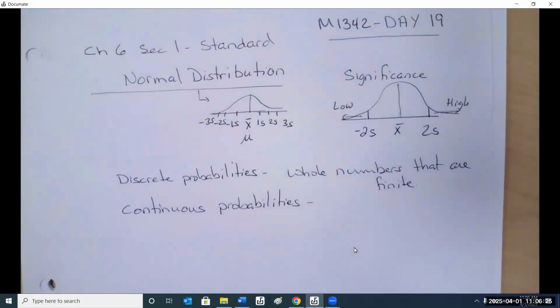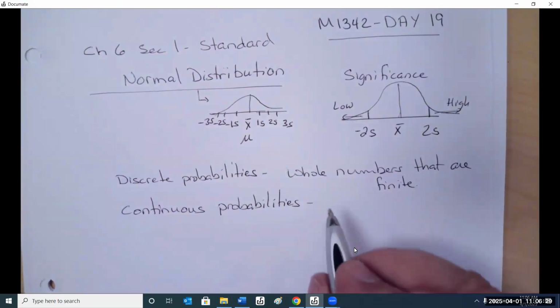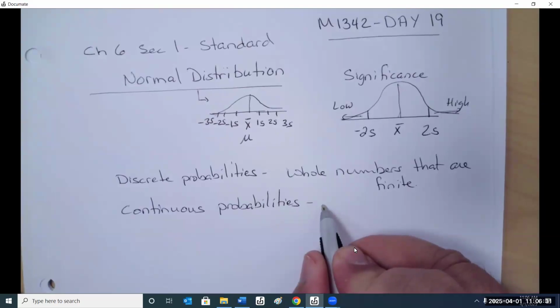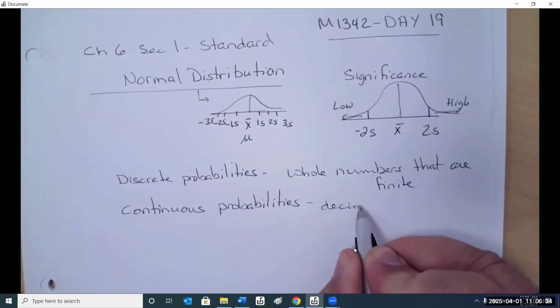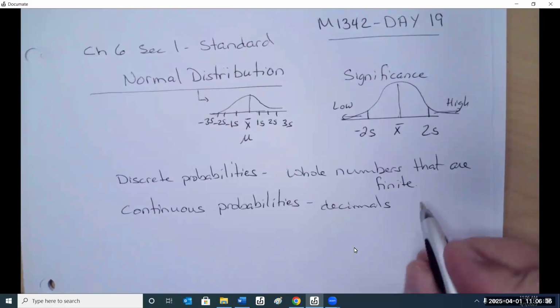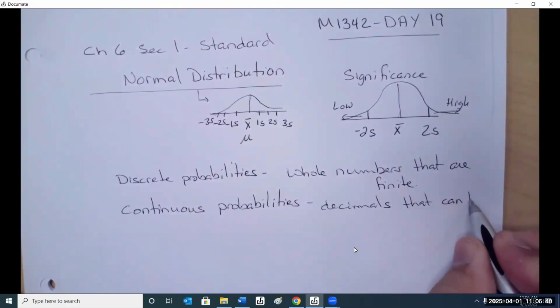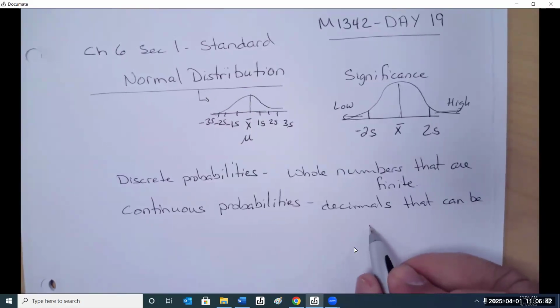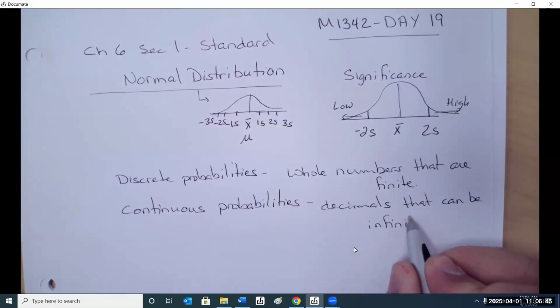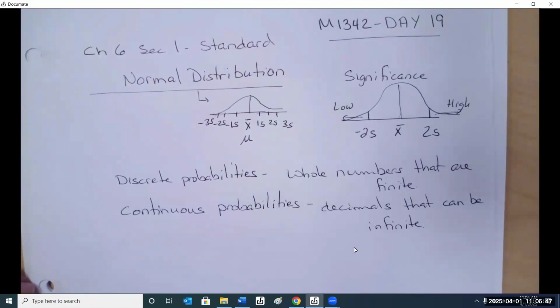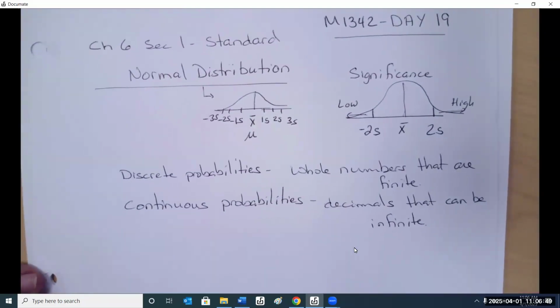When we talk about discrete, whole numbers that are finite, and continuous are decimals that can be infinite. It sounds like a redundant statement. Decimals that can be infinite, because the second you start talking about decimals, you talk about infinity.